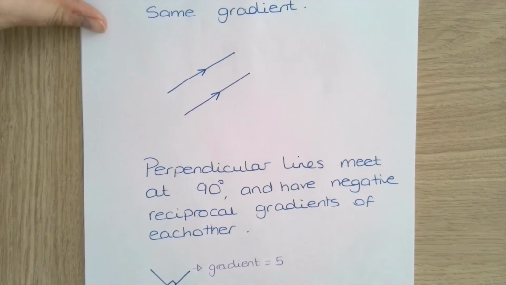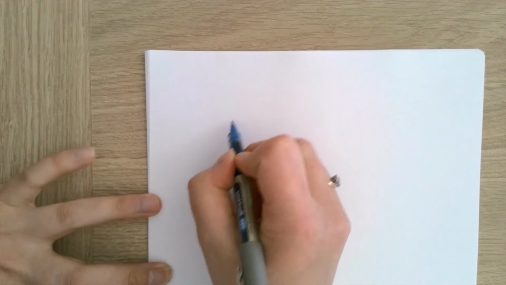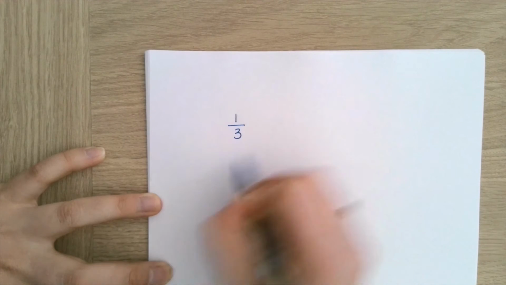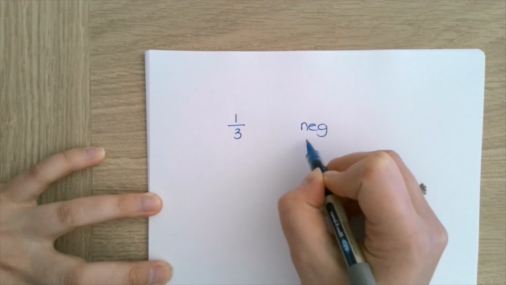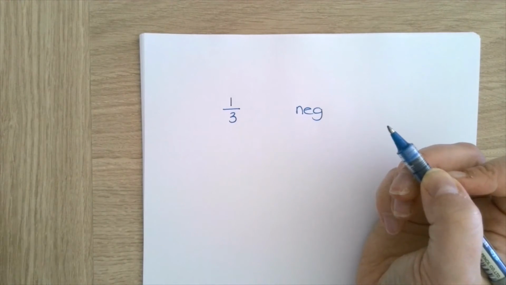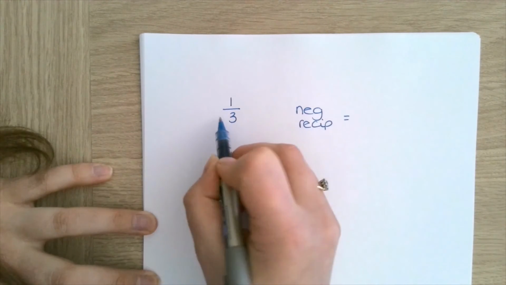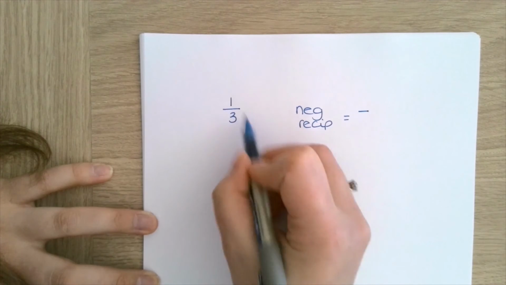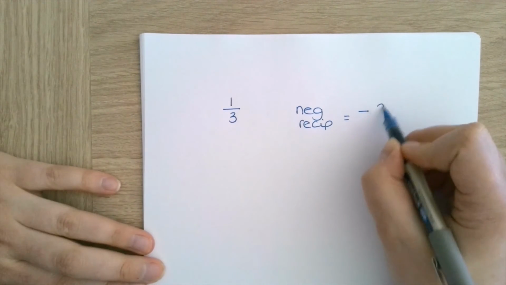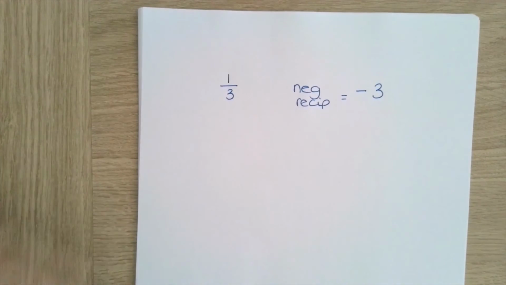Just to do a couple on negative reciprocals. So if I have got 1/3, the negative reciprocal, I'm just going to do this in shorthand just to save time. Negative reciprocal is going to be negative. Reciprocal means I flip it, 1 over, so I get negative 3.